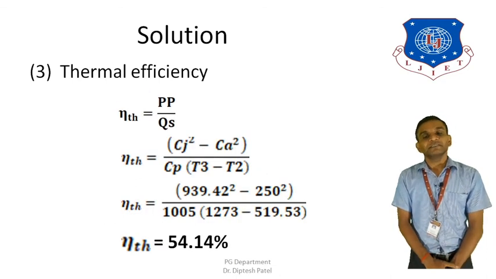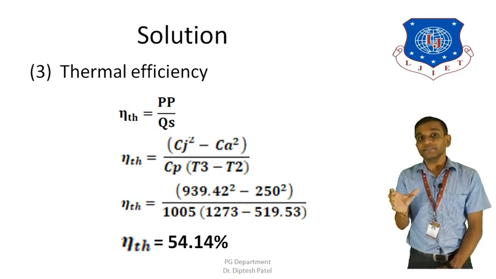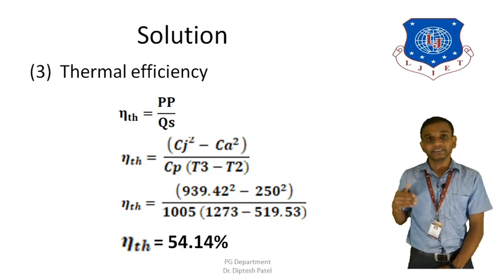Then after, the thermal efficiency, and the formula to find the thermal efficiency is equal to propulsive power divided by heat supplied. Propulsive power is the difference between the kinetic energy at entry and exit, entry at the diffuser and exit at the nozzle.